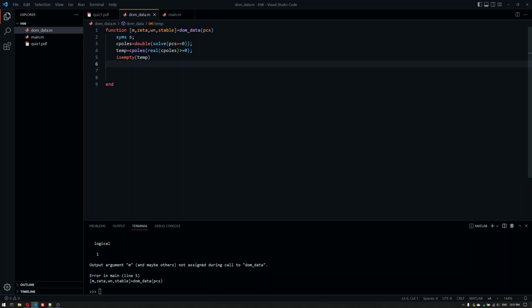We can see here that it could be done differently by checking if they're negative and if the vector has the same length as the number of poles. But this seems to be a better way, in my opinion, because it checks for emptiness. If it's empty, it's by definition a stable polynomial because all the poles are on the left.